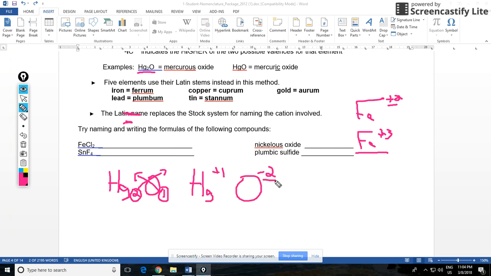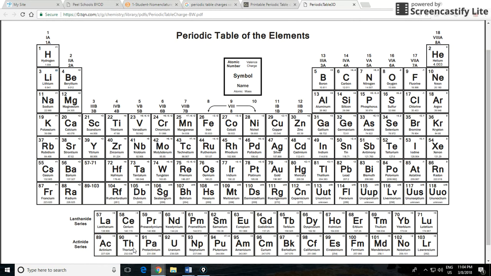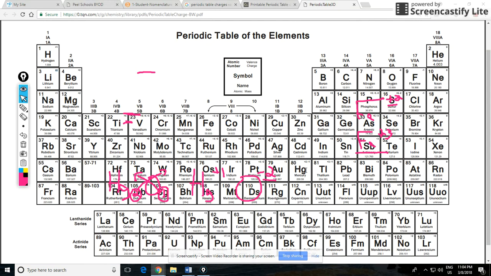But now I'm going to ask you to name this using the Latin-based system, or the classical system, we call it. So let's go take a look at our periodic table. If you look at mercury, there's two possible charges, +2 and +1. The lowest being +1, the highest being +2.